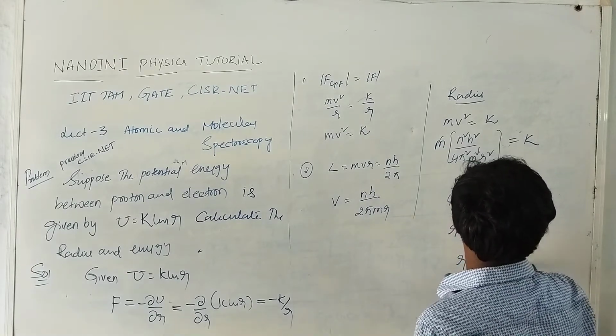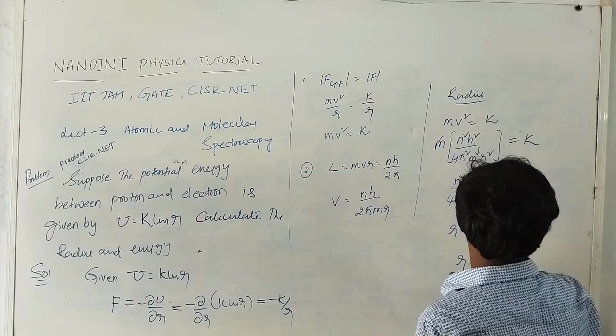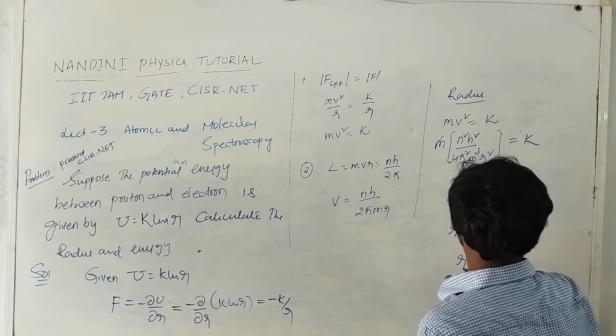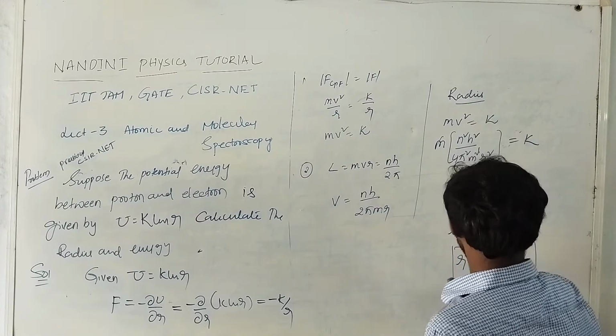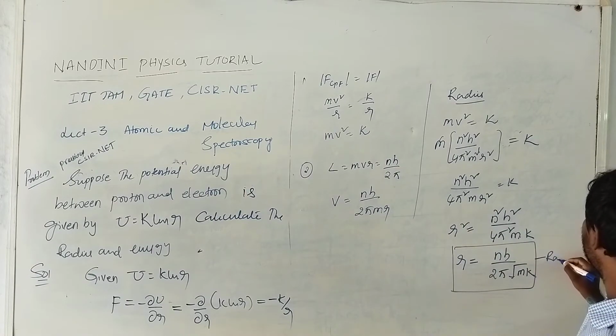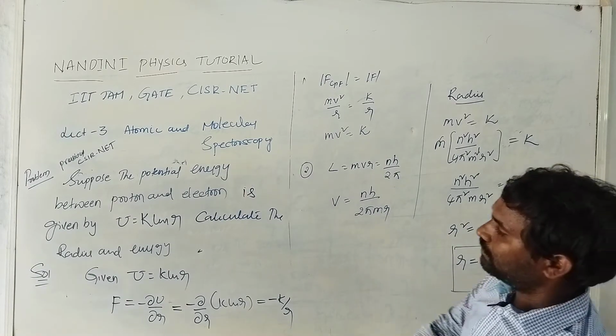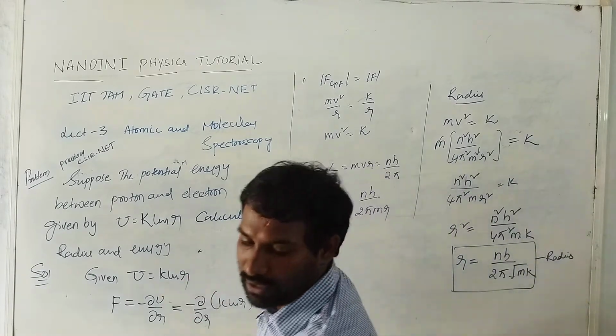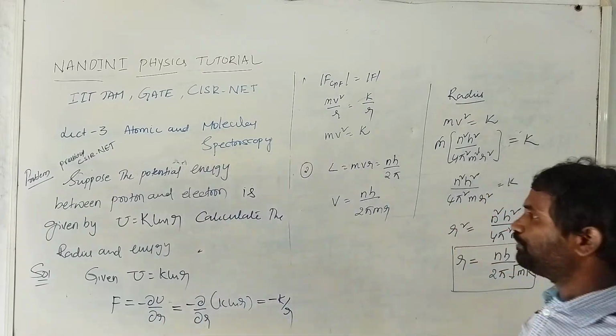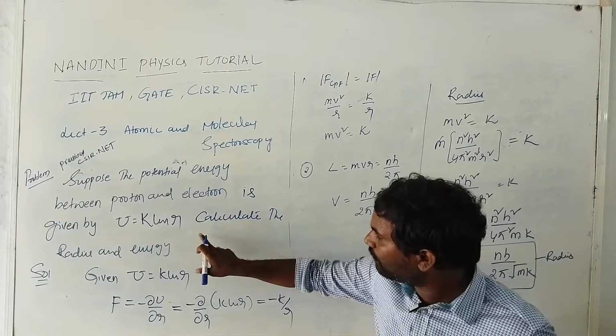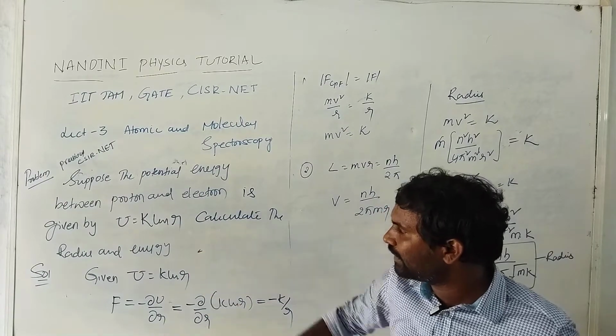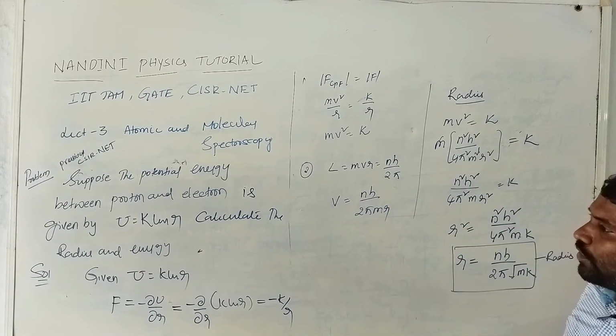R is equal to nh by 2 pi root over m k. This is the radius of that potential energy. He was asking to calculate the radius and energy. You will get the radius formula, no problem.